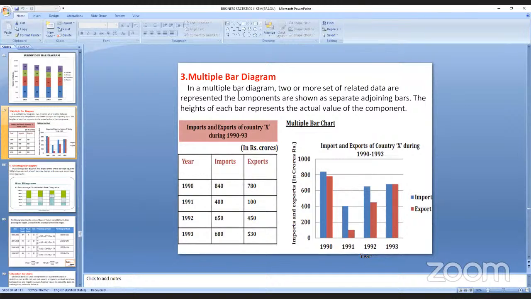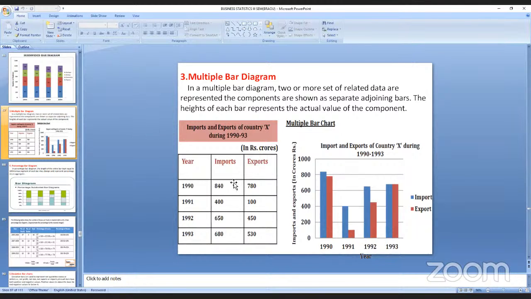Yes, ma'am. Here we have the import and export. So in the multiple bar diagram, you have import and export. When you are making the graph, it should be related to the next one. It's understood?